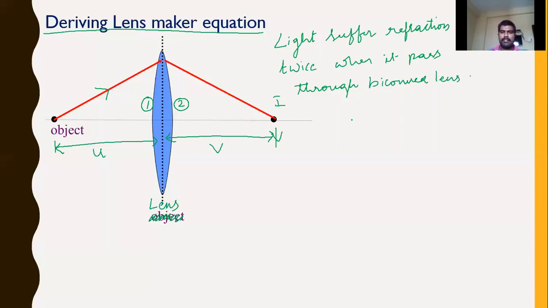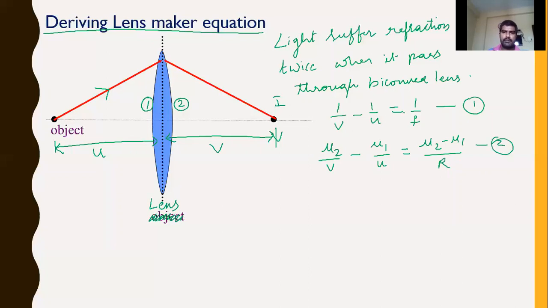And by the lens formula we have 1 by v minus 1 by u is equal to 1 by f. Let this be equation number 1. And whenever refraction is taking place at a curved surface, we have mu2 divided by v minus mu1 divided by u is equal to mu2 minus mu1 divided by r.